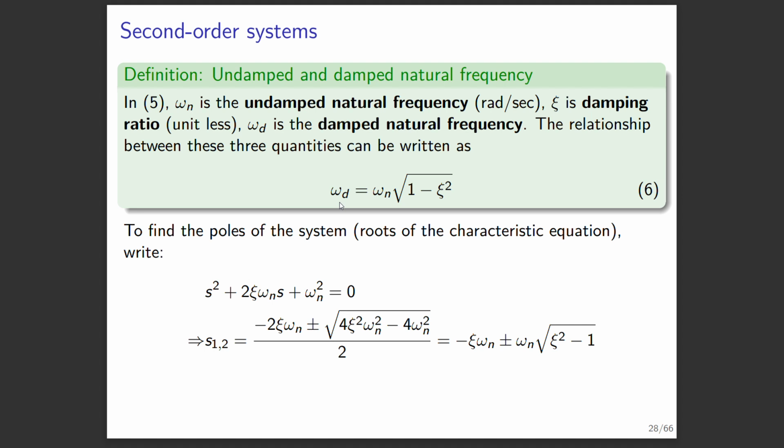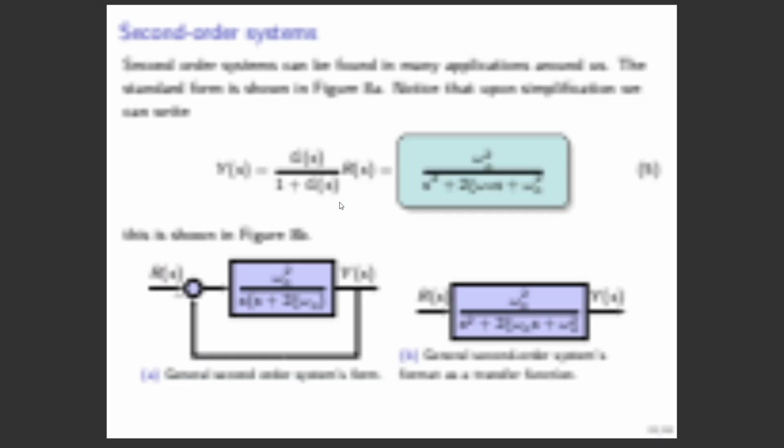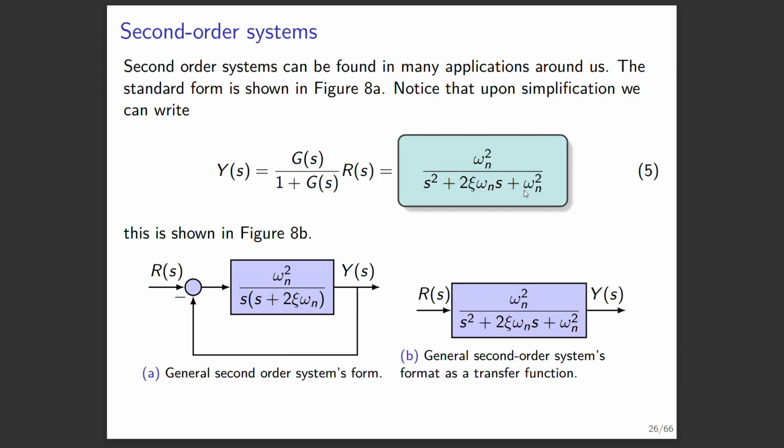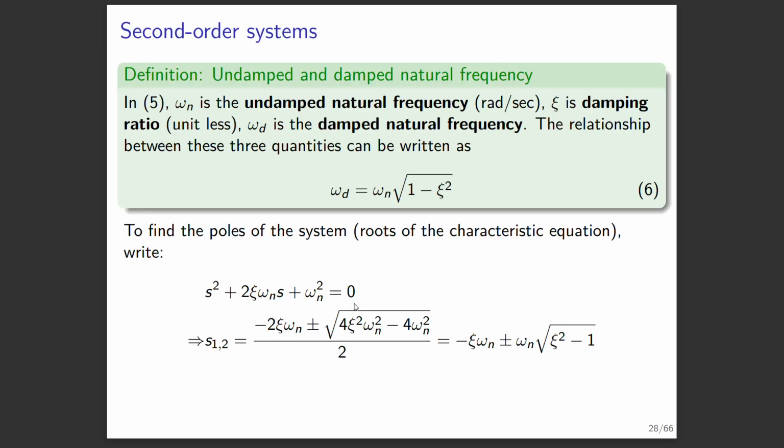So to find the poles of a second order system, we can try to solve this. How do you solve a quadratic equation? Well, with this very famous formula, we find two responses: negative 2 zeta omega n plus or minus the square root of 4 zeta squared omega n squared minus 4 omega n squared.